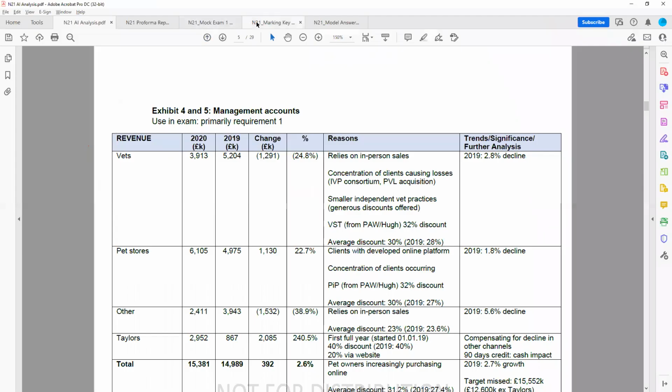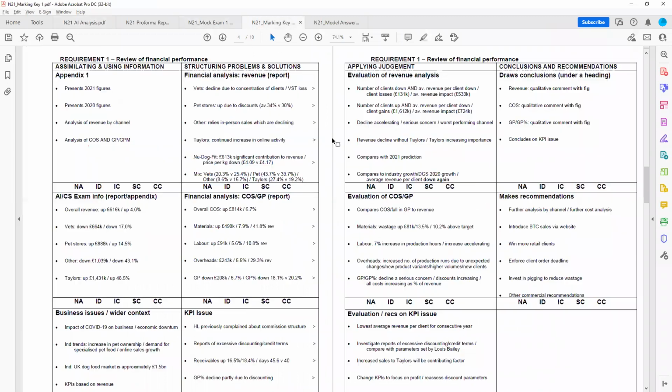So if you get some recent marking keys, either from mock exams or actual exams, it's really important you get familiar with the marking key for case study. So we've got these various boxes. Now to pass a box, you need to get at least 3 points in it. If you get 3 points in it, you'll get an SC. If you get 4 points in it, you'll get a CC. And therefore, if you get 5 or 6, you still get a CC.